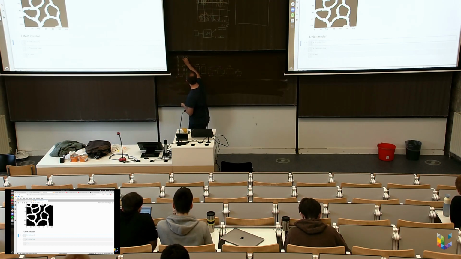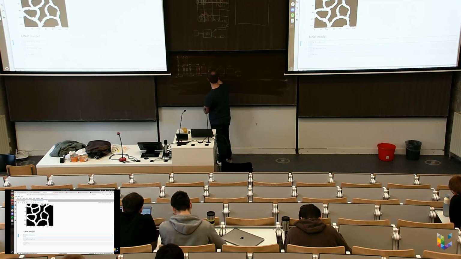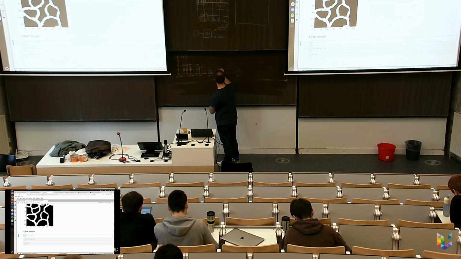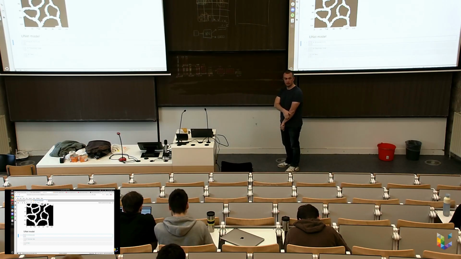So everything in red is a regular convolution. In yellow, you would have a pooling. Okay, so far?